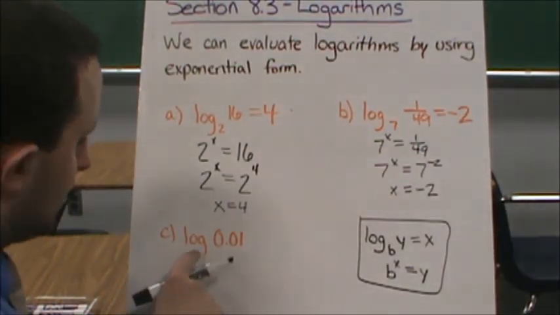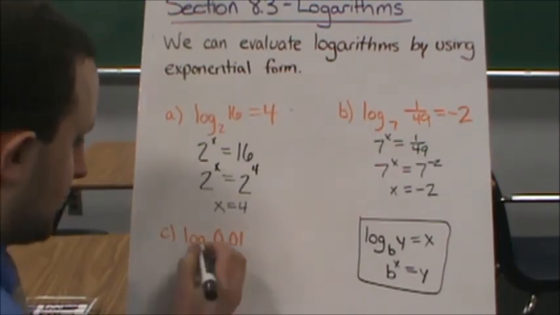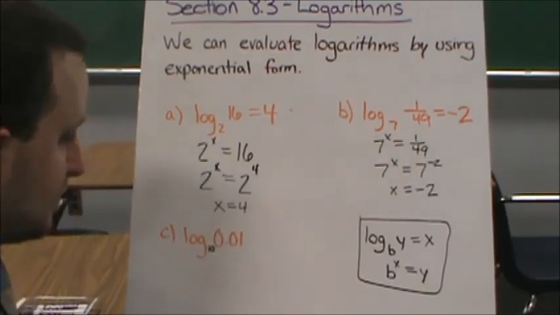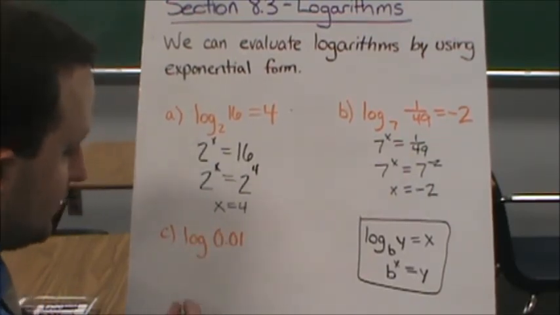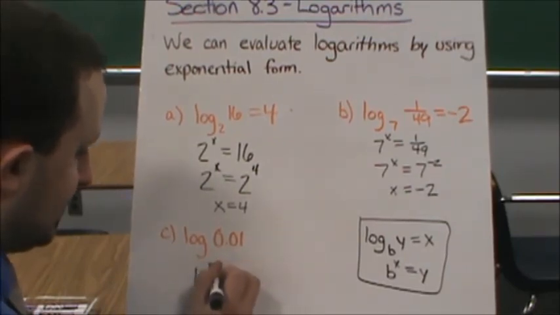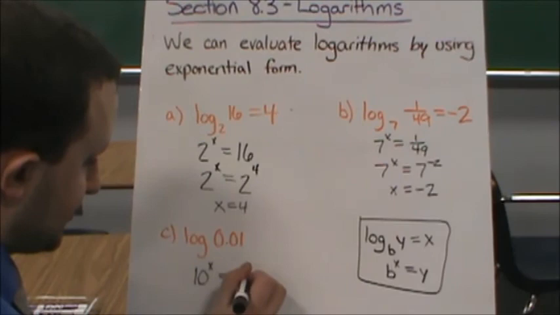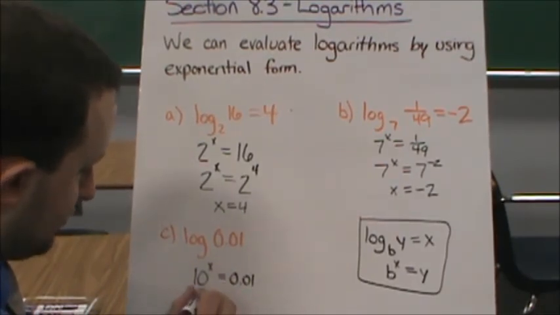And the last one, log of 0.01. Remember, that's a common logarithm, so it has base 10 automatically, but we don't write the 10 because it's understood. So we'd have 10 to some power x equal to 0.01. This 0.01 is really 1 over 100, so 10 to the x equals 1 over 100.